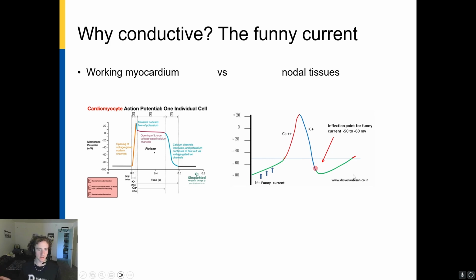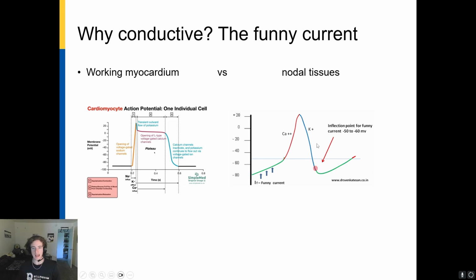In everything that you talk about with neurons and muscles and cardiomyocytes, there's a resting potential, and then a stimulus causes voltage-gated ion channels to open, which causes the signal. But in a nodal tissue, you don't have the resting potential. We'll start here, because then we can see the whole track of the current.